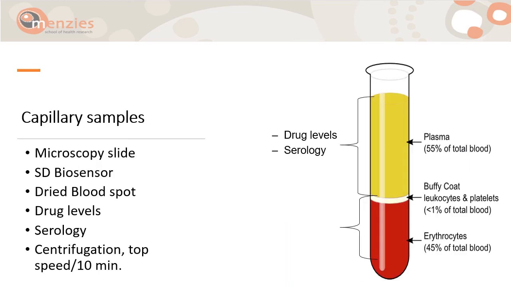The capillary samples will be used for microscopy slide, SD biosensor for the G6PD reading and hemoglobin, dried blood spot, and they need to be centrifuged at top speed for 10 minutes. So with the capillary samples, we will take drug levels on day 5 if in Ethiopia, and day 6 for all sites.